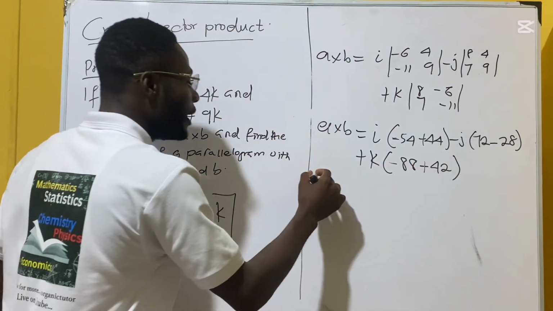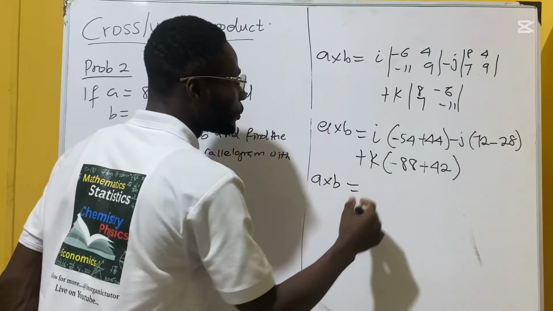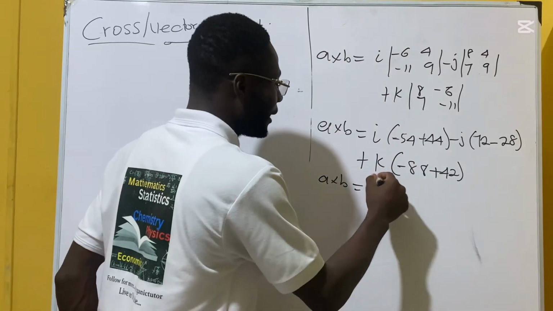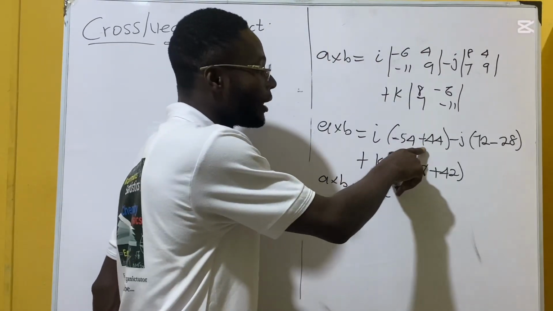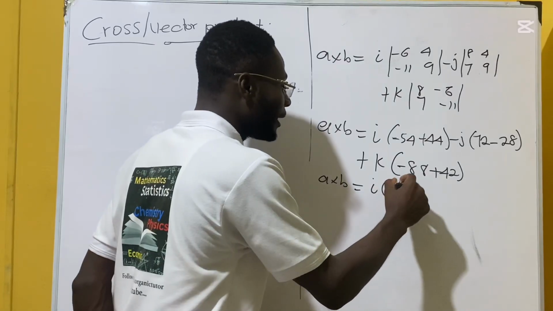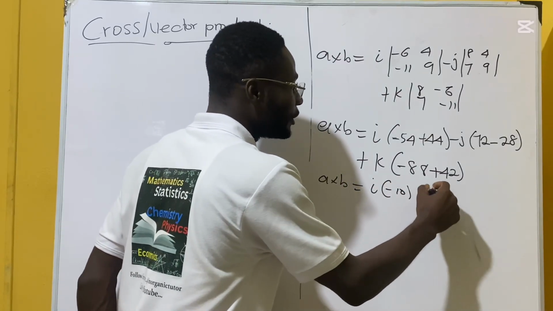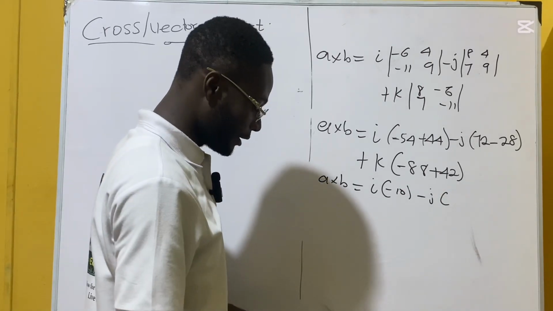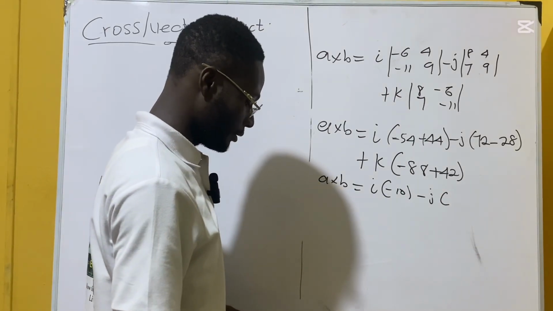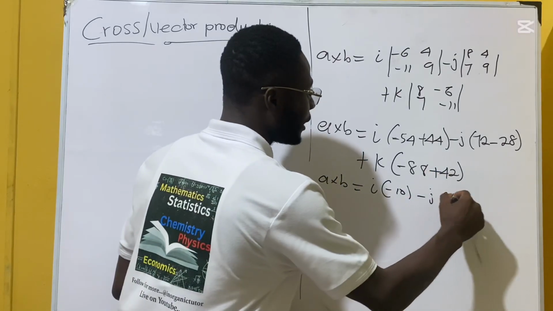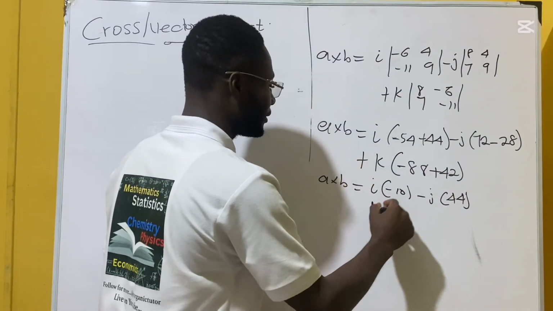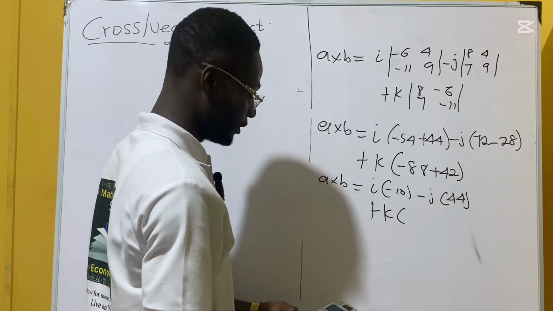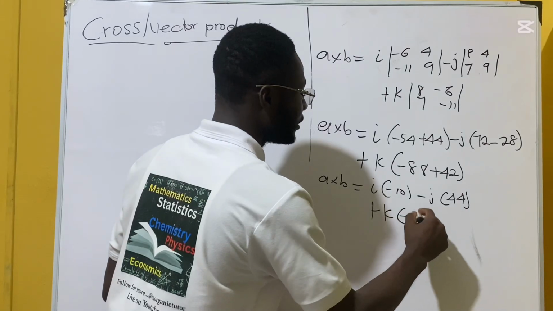Okay, so A cross B will be equal to I into negative 54 plus 44, becomes minus 10, right? Minus J into 72 minus 28 is basically 44, right? So we have K into minus 88 plus 42 is minus 46, right?